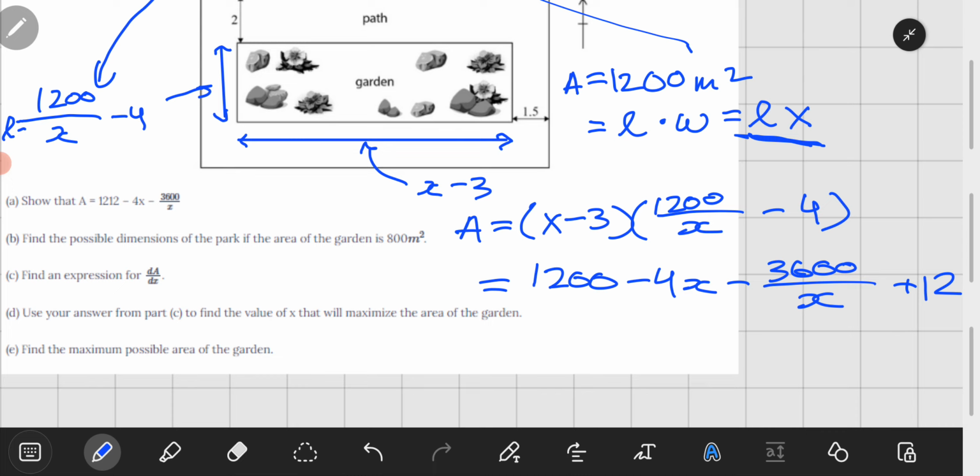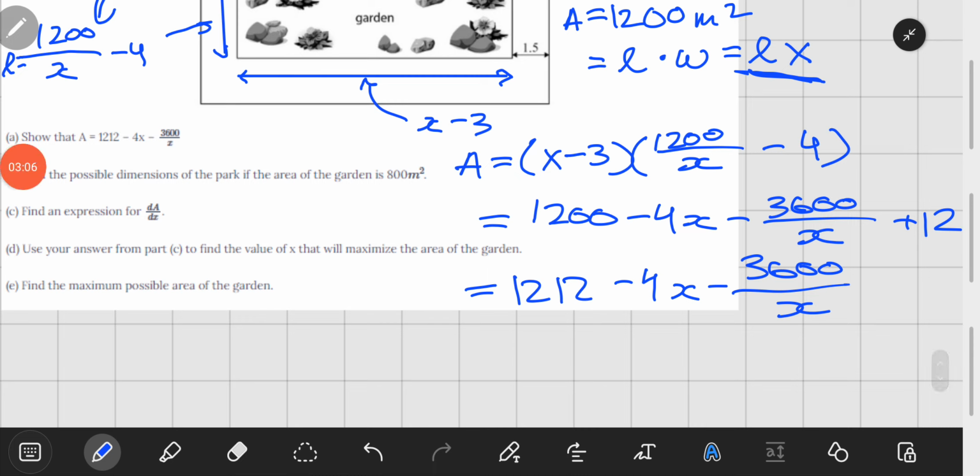And this is of course after distributing the terms and simplifying. Then for our final step it'll just be 1,212 minus 4x minus 3,600 over x. Okay, and that's our answer to question A.